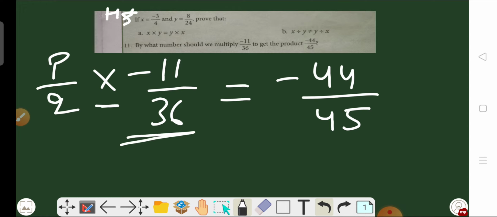When we take this number towards the right side of equality, multiplication becomes division, division becomes multiplication, plus becomes minus, and minus becomes plus. Here we have the sign of multiply, so the multiplication will be converted into division.